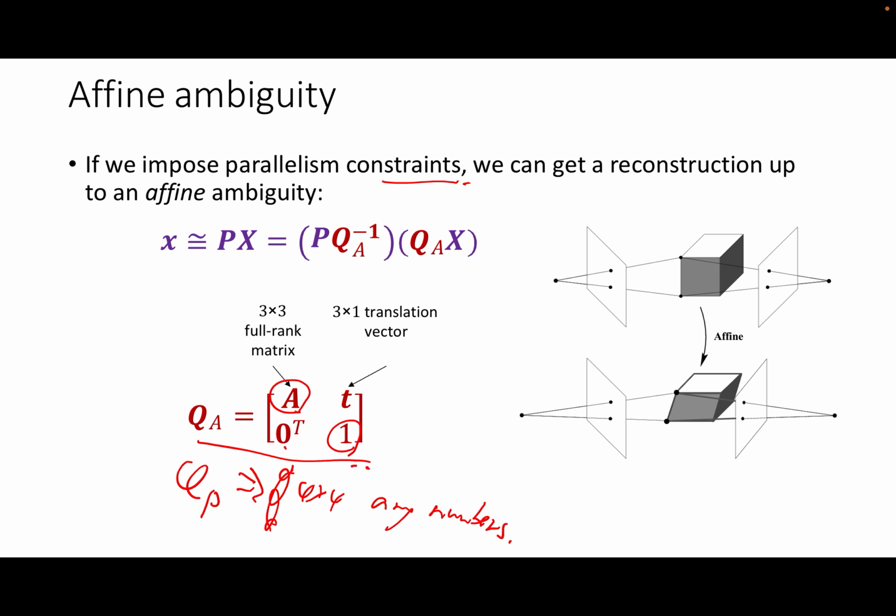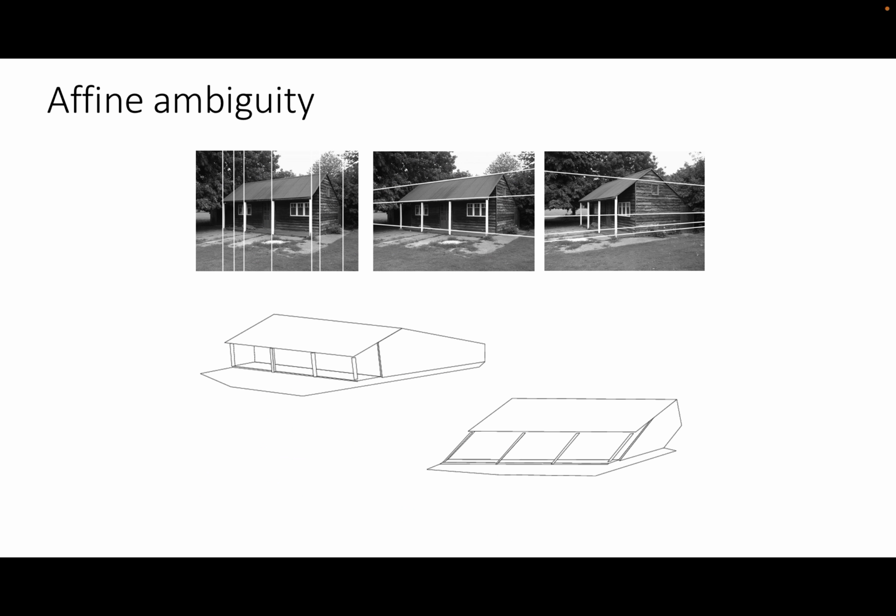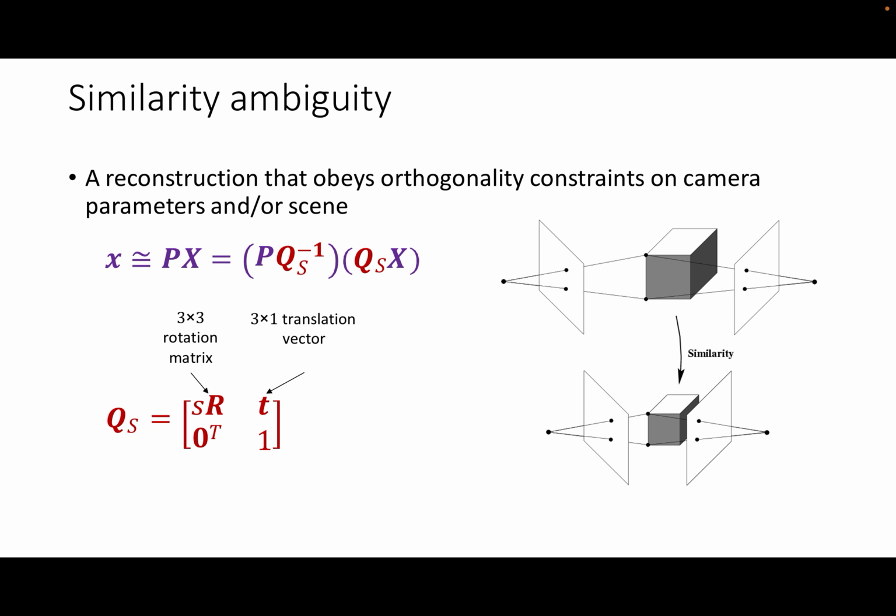But affine transformation preserves parallelism, right? So if we impose a parallelism constraint, this is just our assumption, then we can reconstruct up to affine ambiguity. And this shows the result. Still not very good, but a little bit better than the previous one.